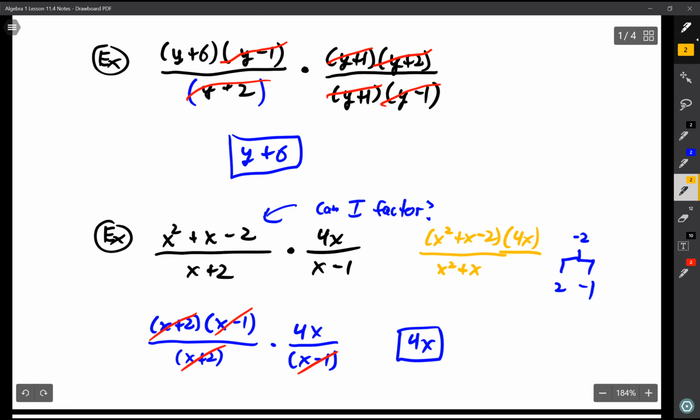Now we look at division, or I'll say dividing. Wait, how did I say it up top? I'm going to scroll up. Yeah, I did say multiplying, so I want to say dividing.